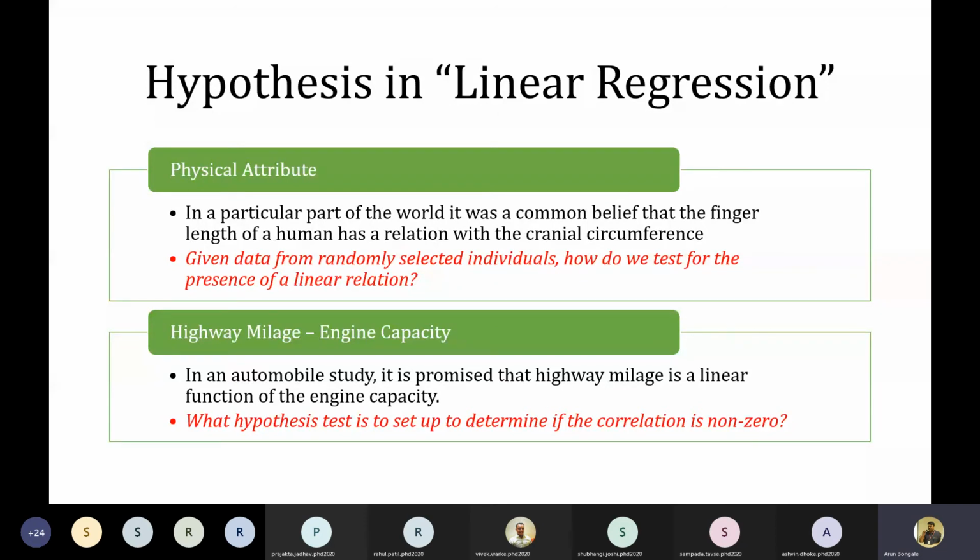Okay, so let us take the first example of the physical attribute and let us try to formulate the hypothesis as well as the test statistic for this particular type of problem.